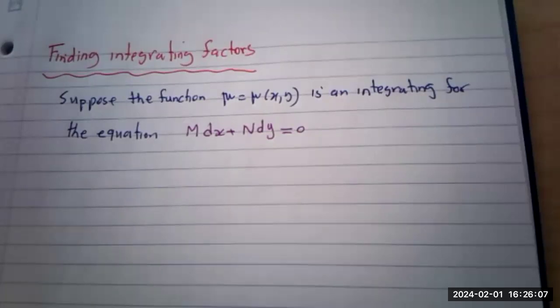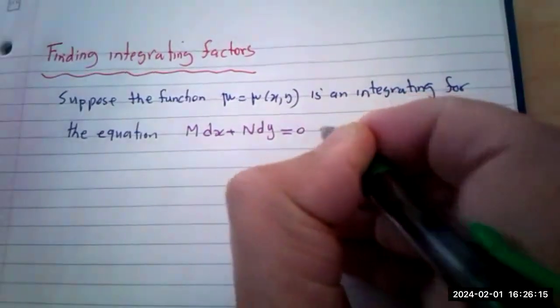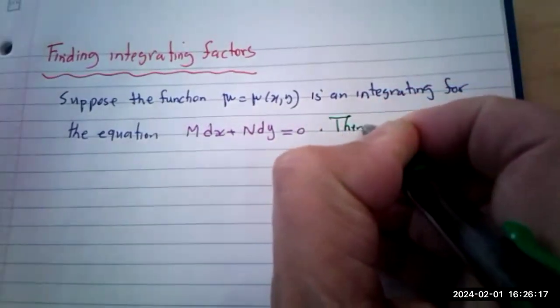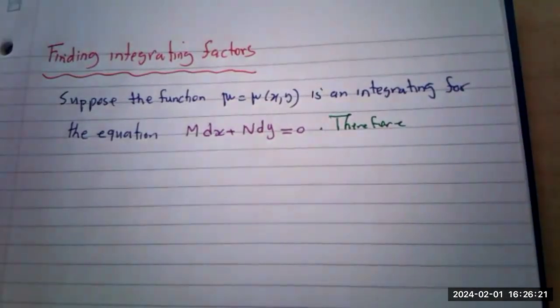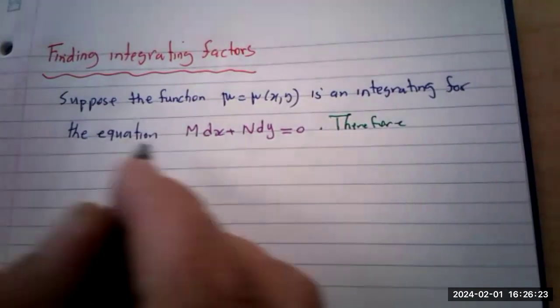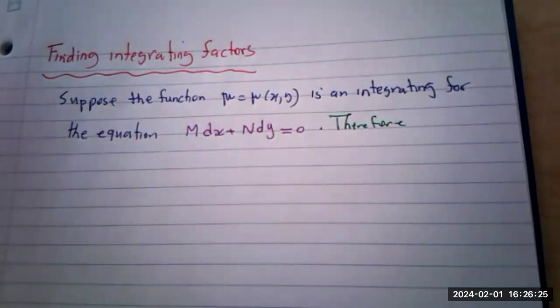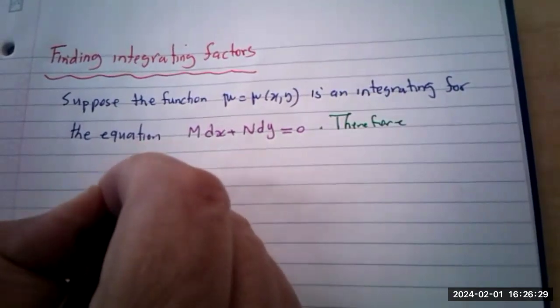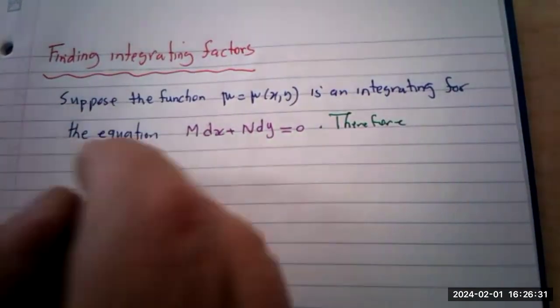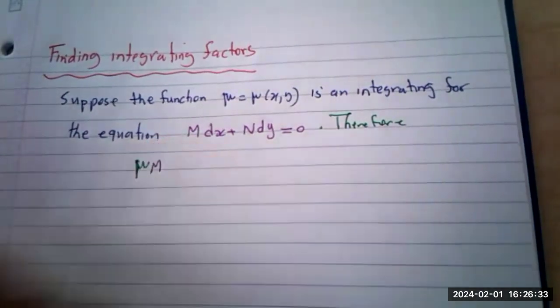Okay, what does it mean? This means if you multiply both sides of the equation by mu, the result of the equation is going to be exact. So therefore, multiply both sides by mu. We multiply mu by the original m.